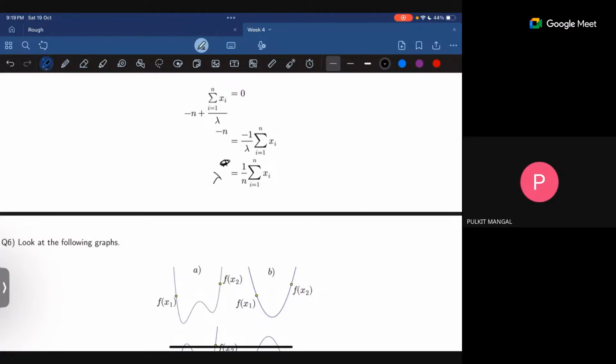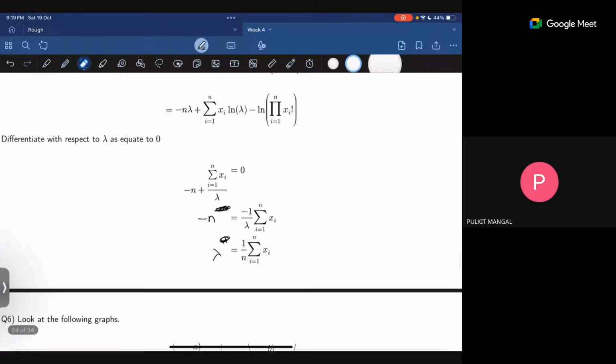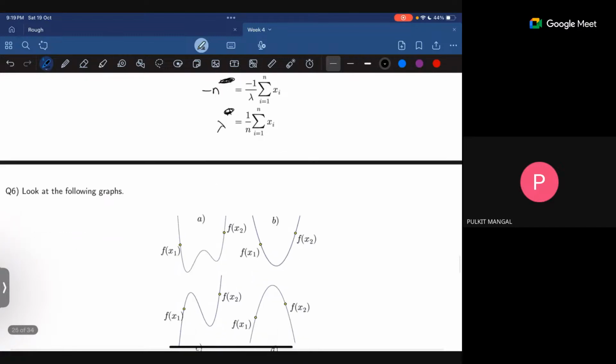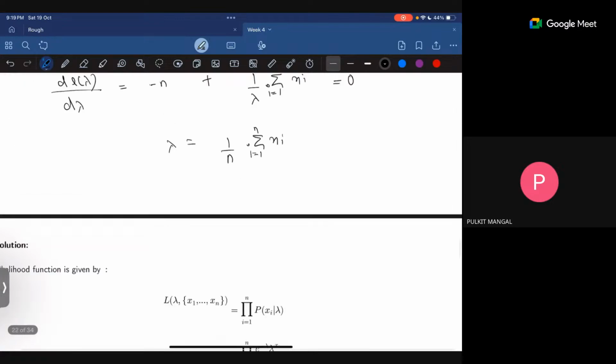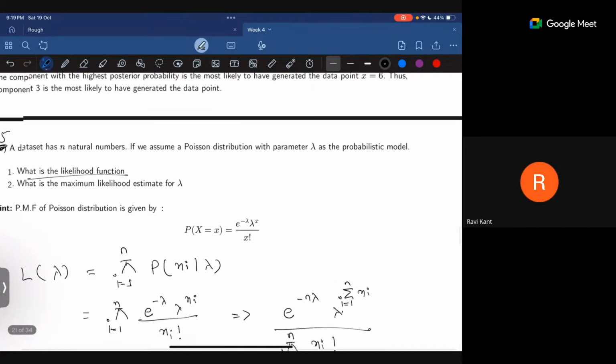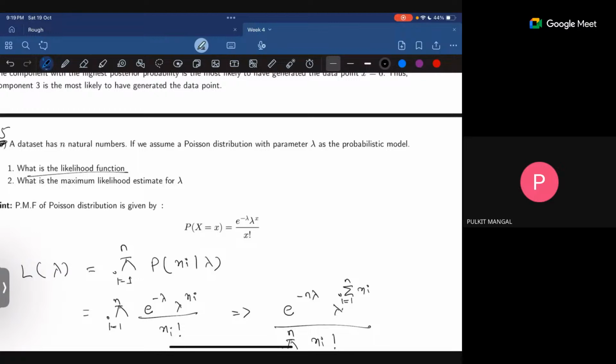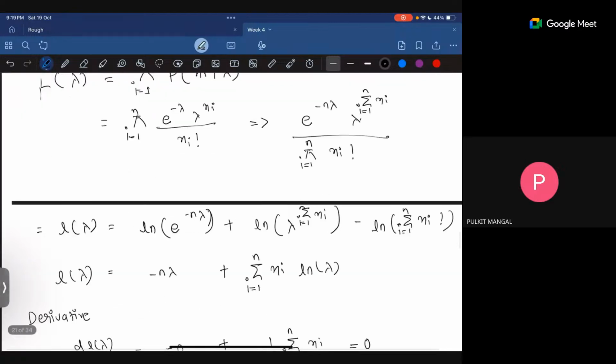Lambda equal to 1 by n times the summation, otherwise minus n plus the term equal to 0. Any doubt in the previous question? No, sir. It's again a simple MLE with the Poisson distribution.